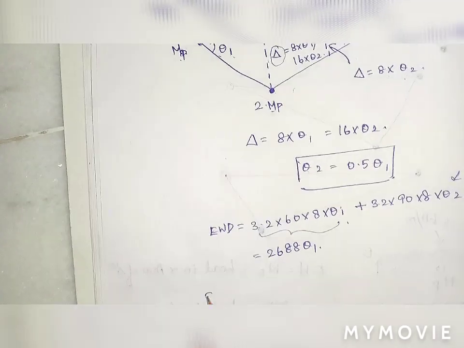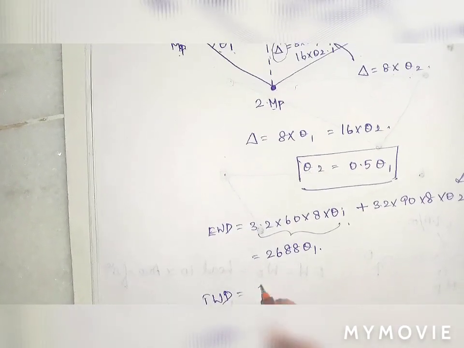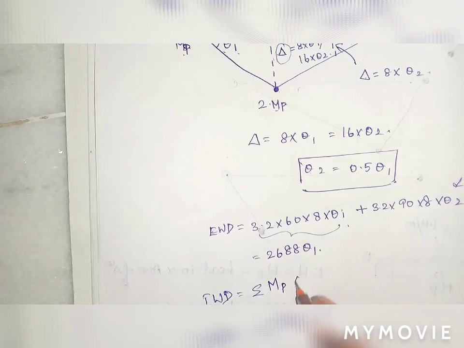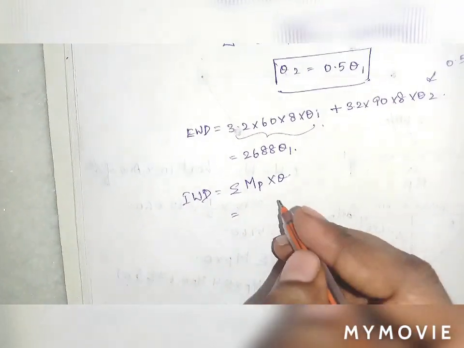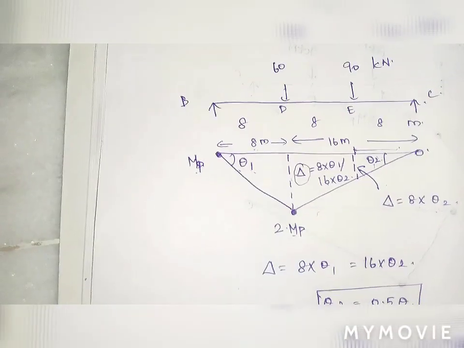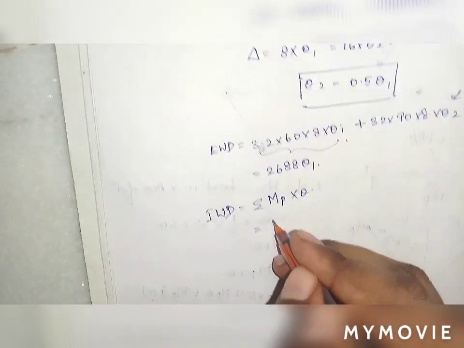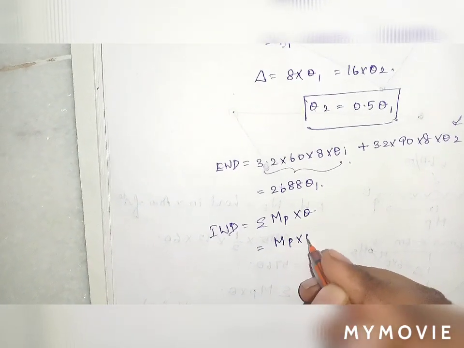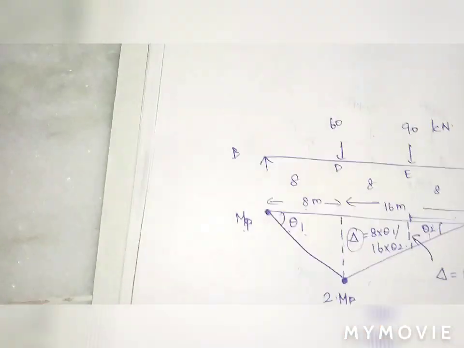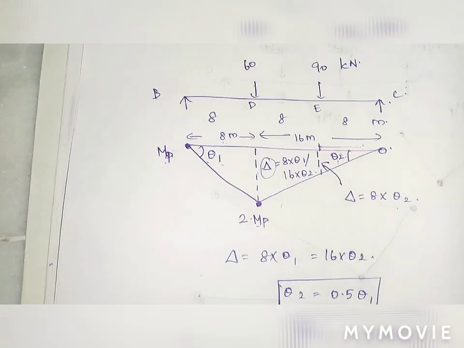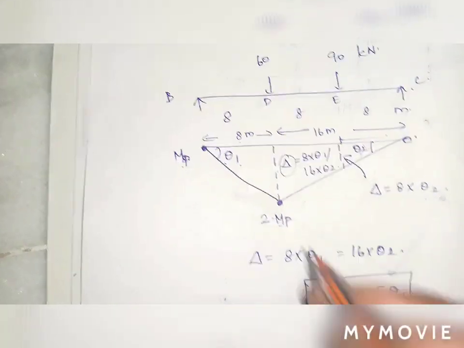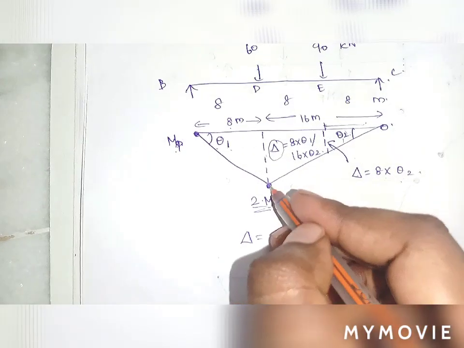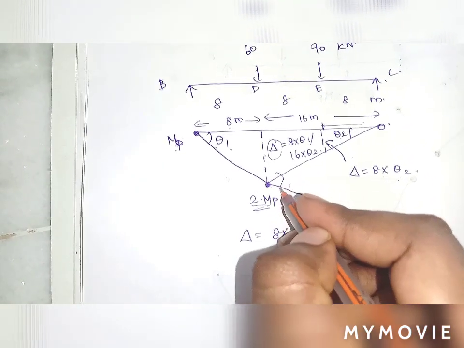The next thing, internal work done. Internal work done is equal to sum of plastic moment into rotation. Where are the plastic moments present? The first plastic moment is at B point, MP into theta 1, plus the second plastic moment is at D point, 2 MP. This is 2 MP into what is the rotation here?